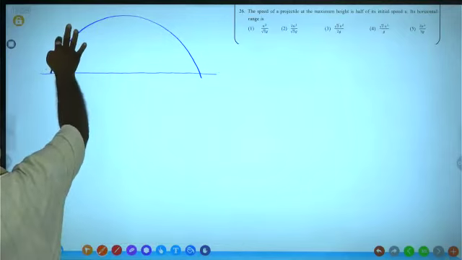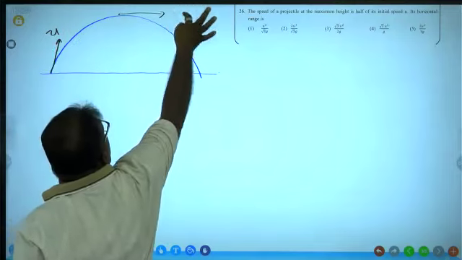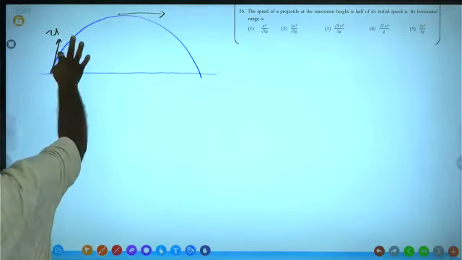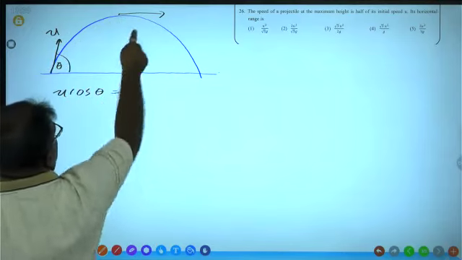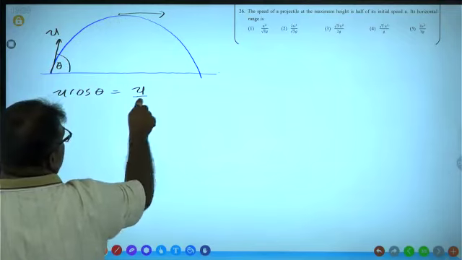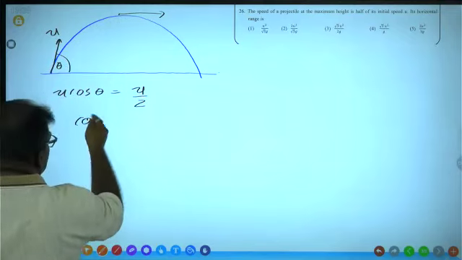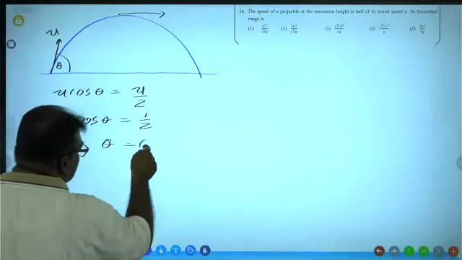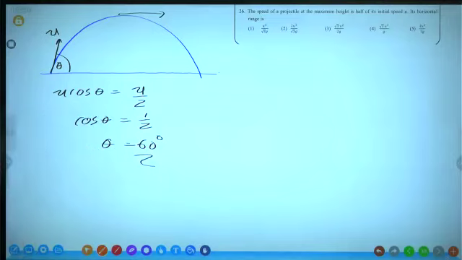Initial velocity, let it be u. At the maximum height the velocity is u cos theta, and according to the question you are given u by 2, half of the initial velocity. You cancel, then you can say cos theta is half, theta becomes 60 degrees. First thing is this, right?